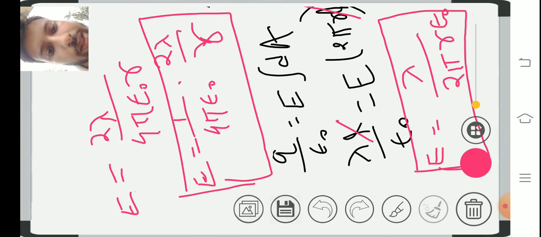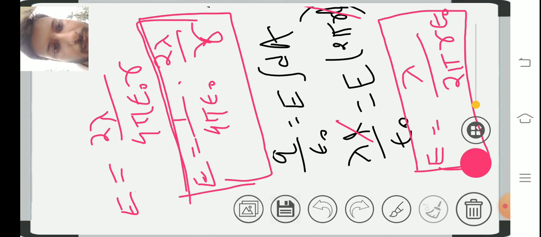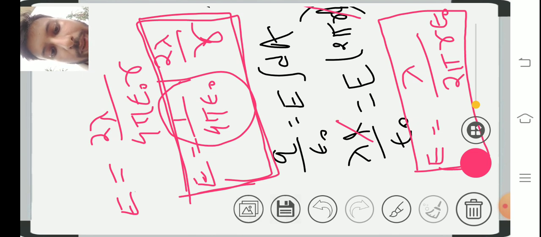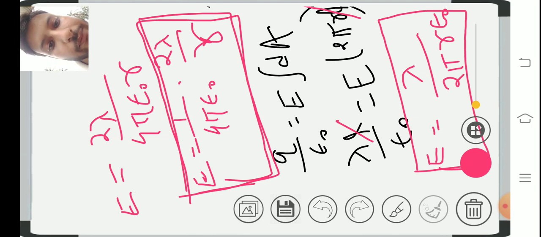We are trying to find a formula which resembles those formulas which you had learned previously in the previous chapters, like Coulomb's law or electric field intensity. In these chapters we had seen every formula in this format, which has a constant 1 by 4 pi epsilon naught. So to bring this formula into that format, we have to multiply 2 in the numerator and denominator both. So this is the required formula.